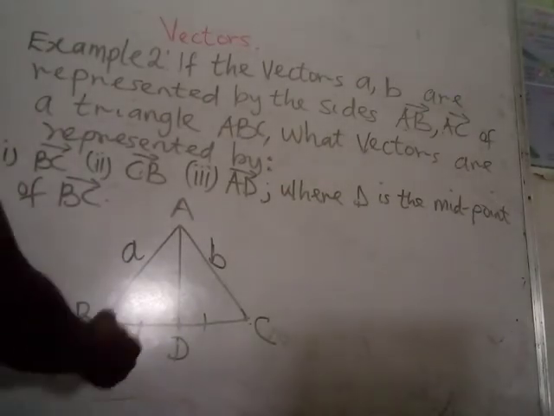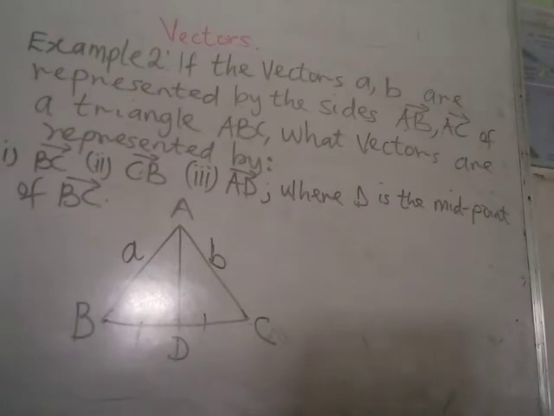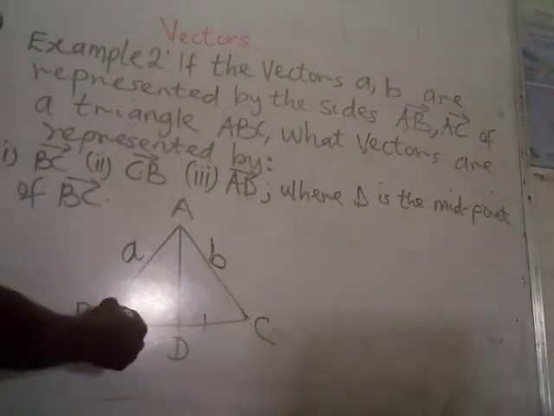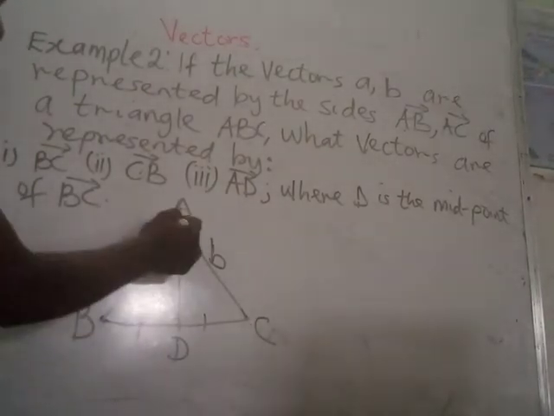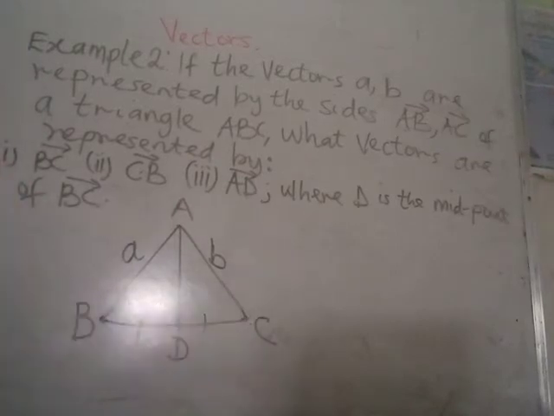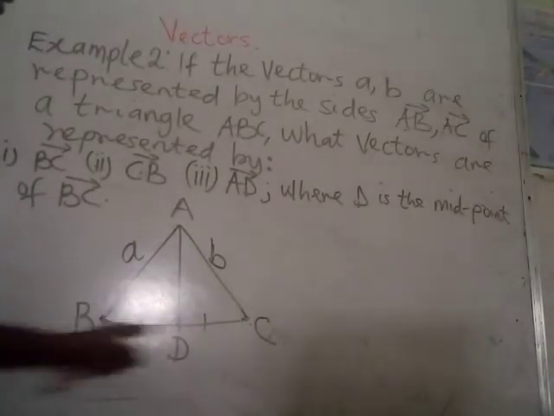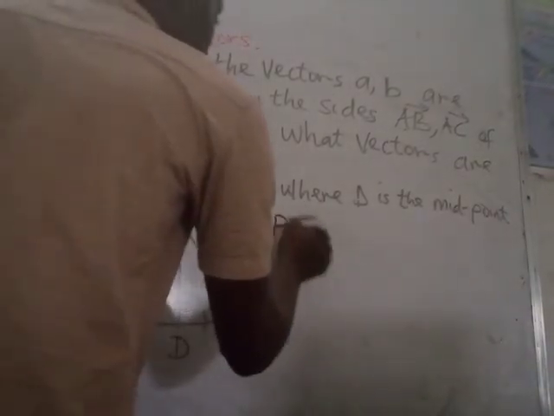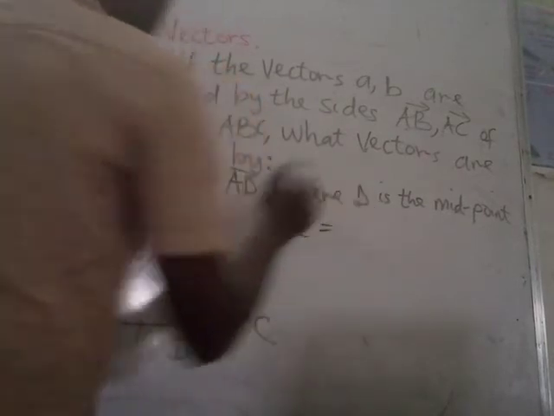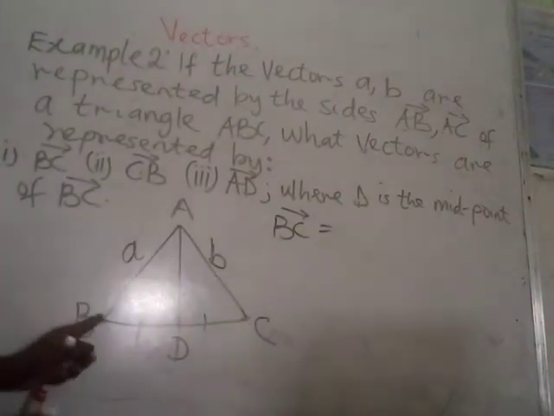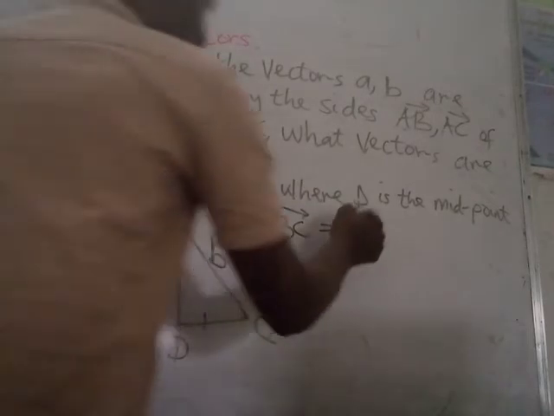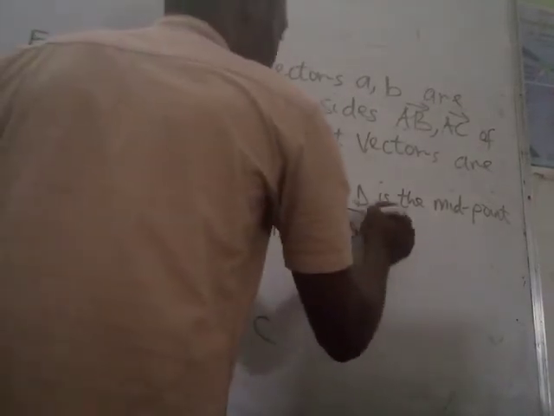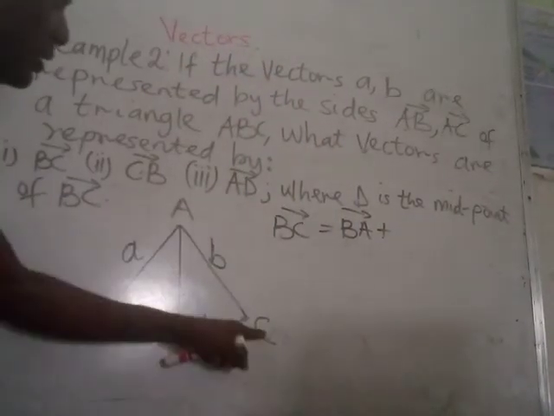I either pass from B directly to C, or I start from B, move to A, then A to what? C. So the resultant of BC is going to be equal to BA, because I'm starting from point B to A, BA plus AC.